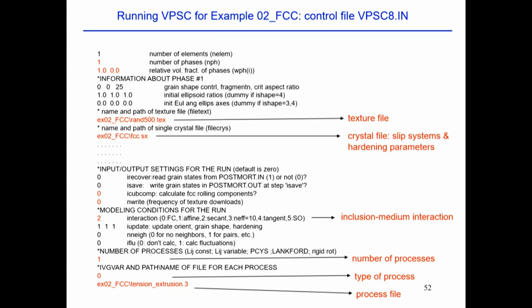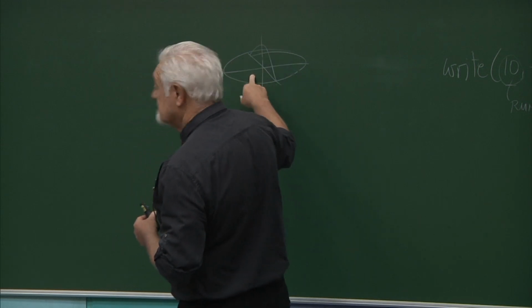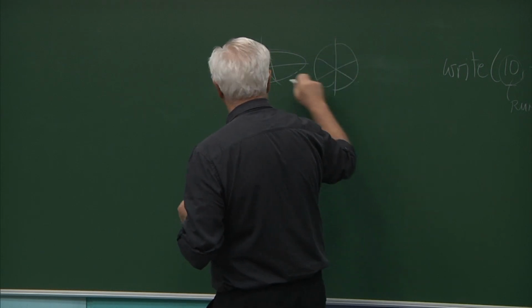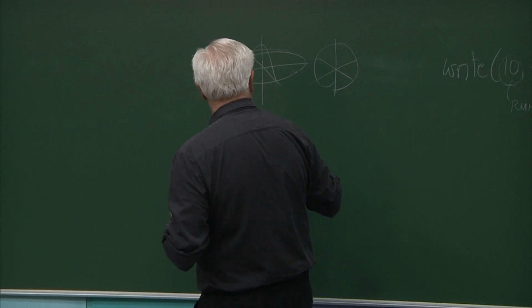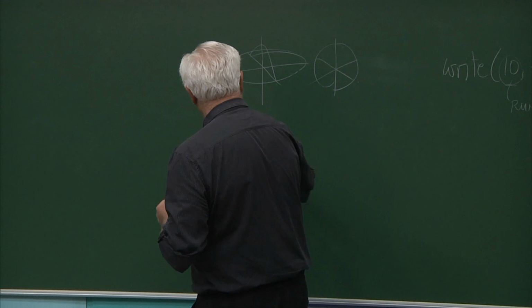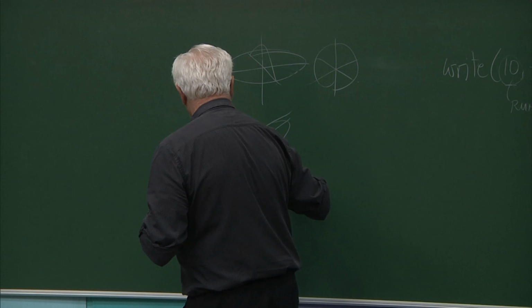Then there is information about the grain shape. That is the information about the ellipsoid: what is the initial shape of the ellipsoid that represents the grain. We usually start with a spherical shape, but you don't have to. And this shape can have an orientation, so it can be oriented at an angle with respect to the testing axis.